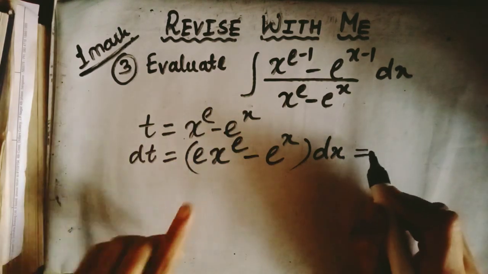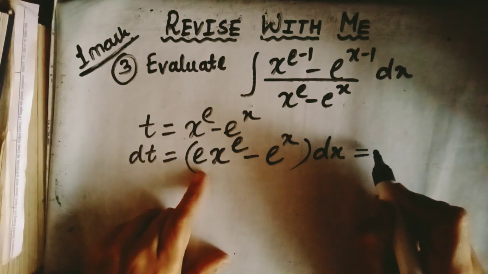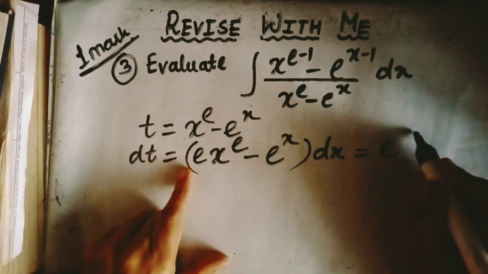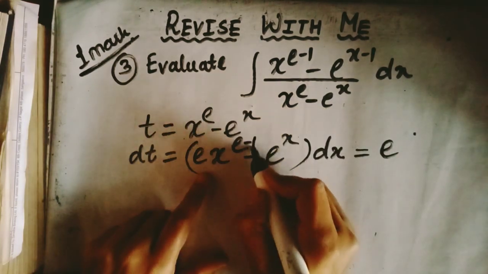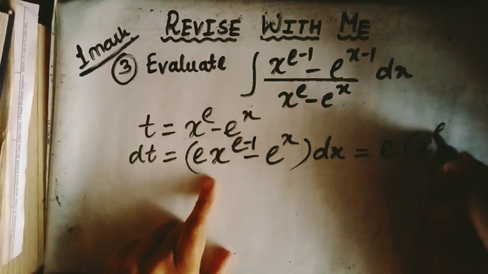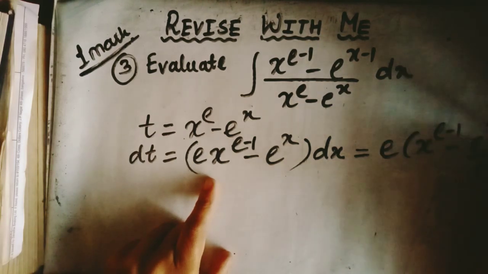So we can write this term, okay, if you take out e from this, you will get e into x raised to e minus 1 minus e raised to x upon e, right?